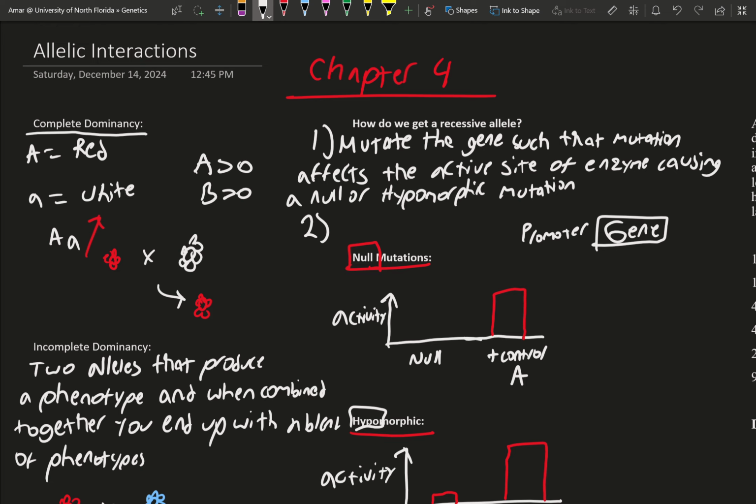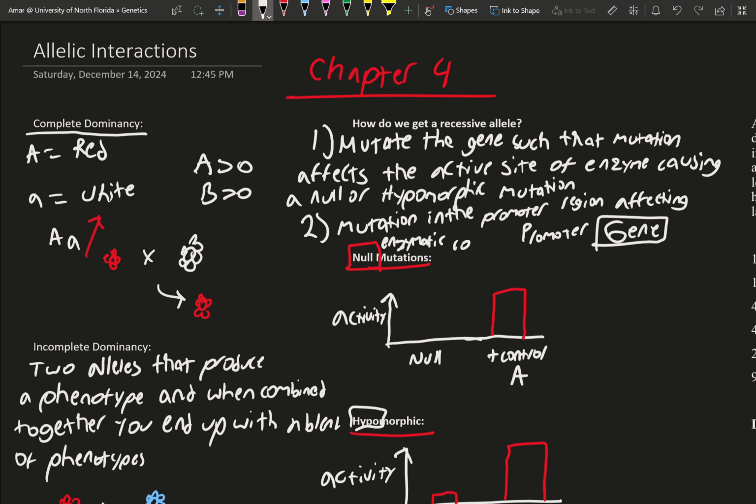So if you mess up the promoter region by a mutation, then you also inhibit the production of the gene. So a mutation in the promoter region affects enzymatic concentration.